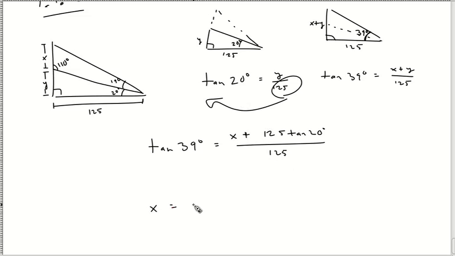So then I actually got 125 tangent 39 minus 125 tangent 20. Calculator answer. And I got 55.726.